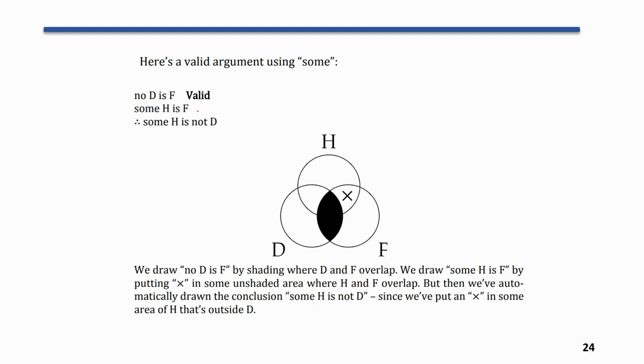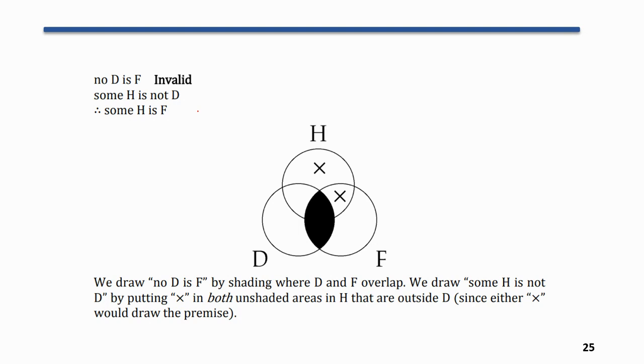Coming to the next one, again some invalid one. So no D is F. How to draw? No D is F between D and F, so obviously some portion will be shaded. No portion of D will be included in the F class.